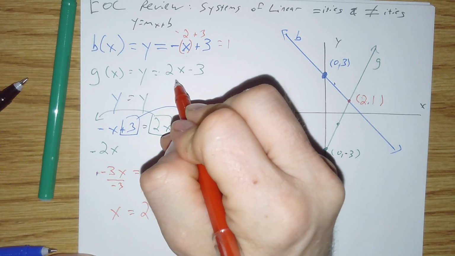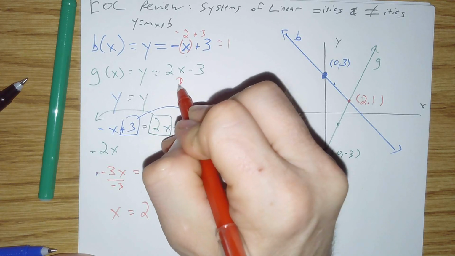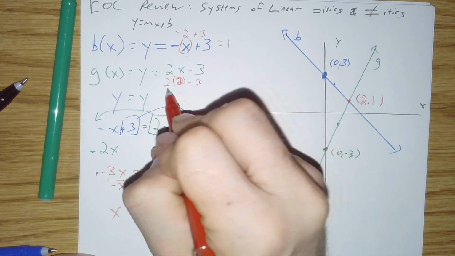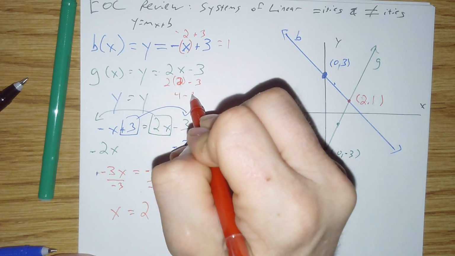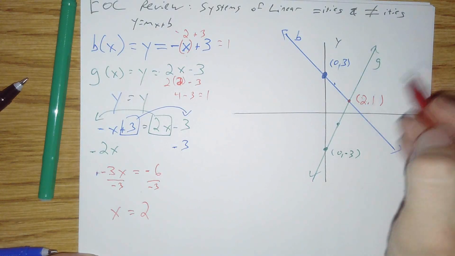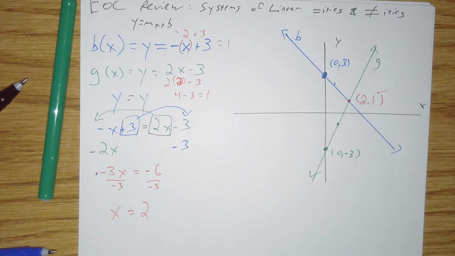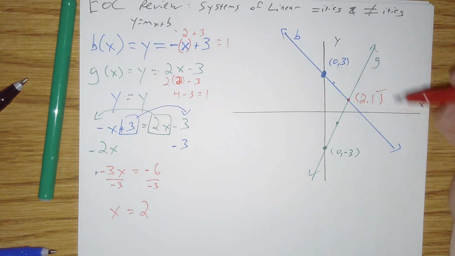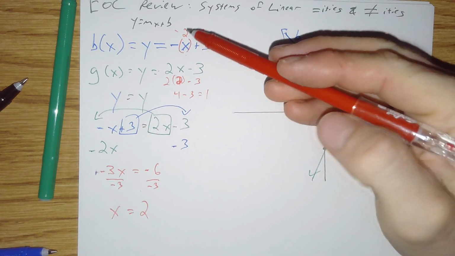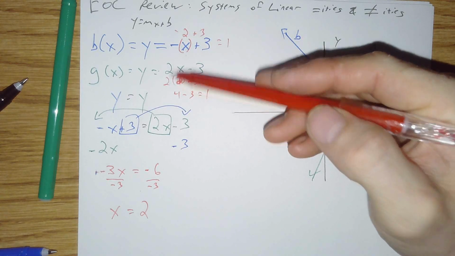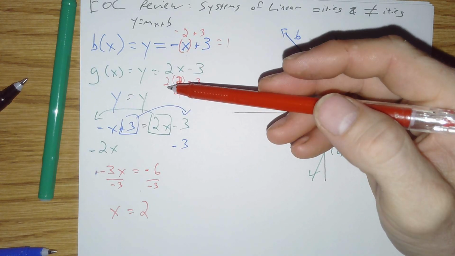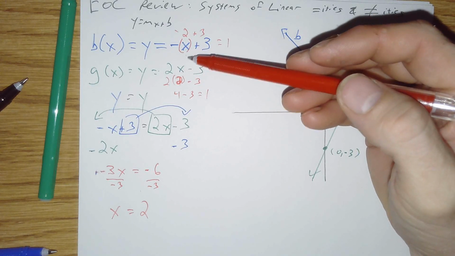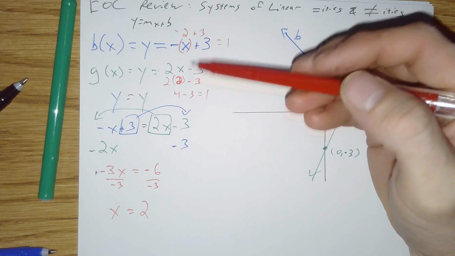I put the 2 in right there. 2 times 2 is 4, minus 3, that equals 1. So I checked it, and that works. So that point is (2, 1). And that's how systems of equations work. If it's not in slope-intercept form, you can rearrange it to slope-intercept form. If it's pretty simple, there's another way to check it, and I'll show you another method for this later.